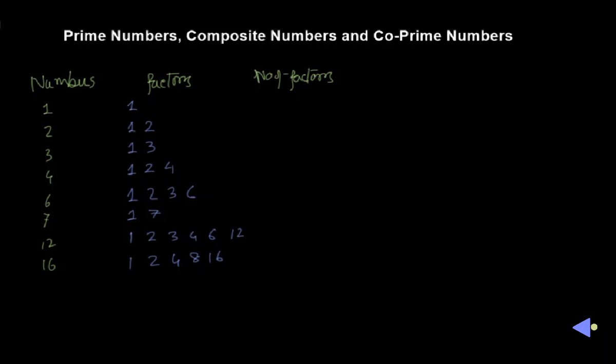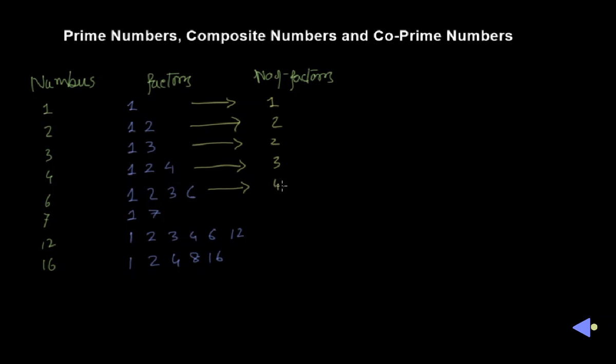So now we can write the number of factors this way. In our first case it is only 1, so the total number of factors of 1 is equal to 1. In case of 2, we have 2 factors. 3 also has 2. In case of 4, we have 3 factors.